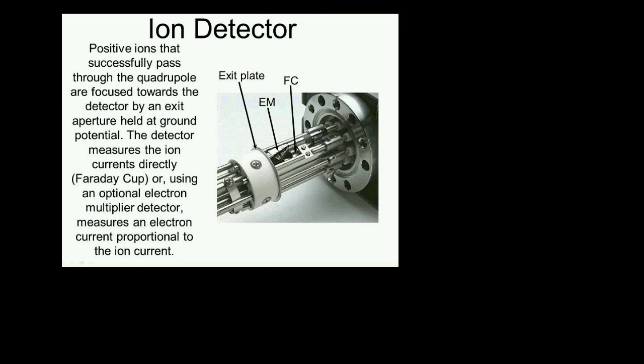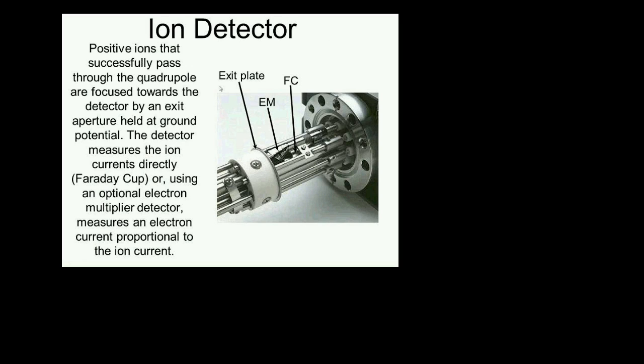The last point to cover on the probe, and we've done pretty well here, is the ion detector. And when you go to buy an RGA, you're going to be faced with the option of what ion detector you want. So keep in mind the ions got formed in the ionizer.